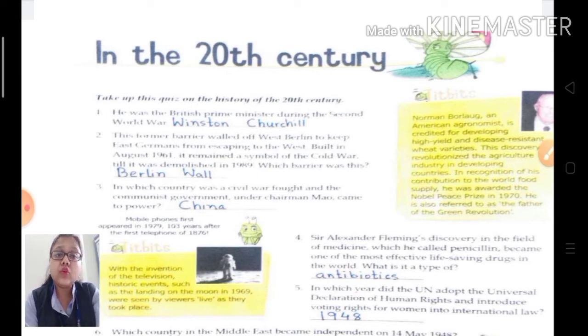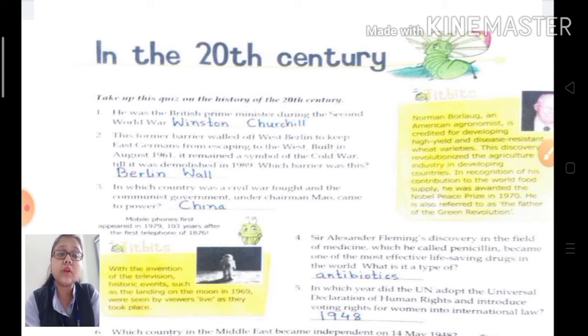You already know that it involved the vast majority of the world's countries. There were many countries, but they were aligned into two opposing military alliances: the Allies and the Axis.